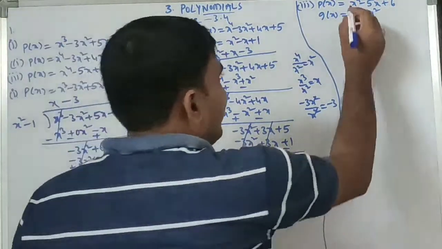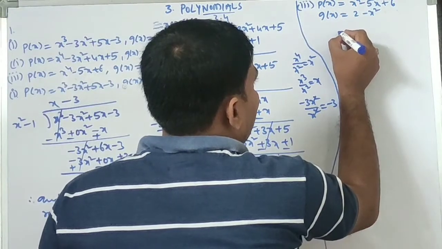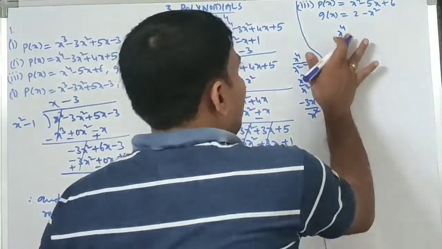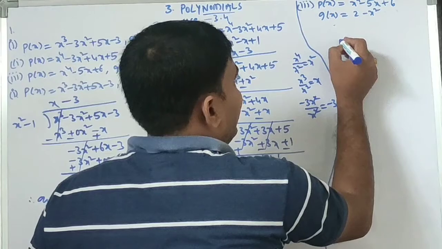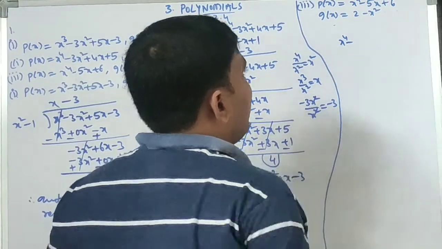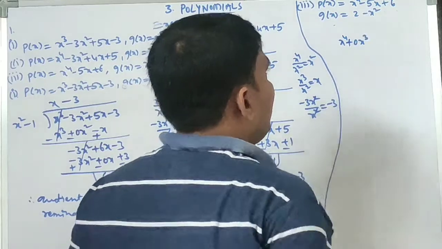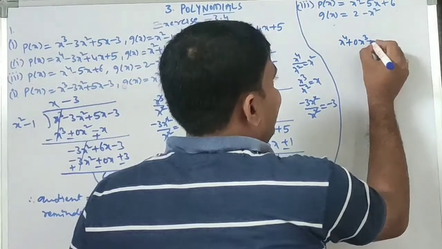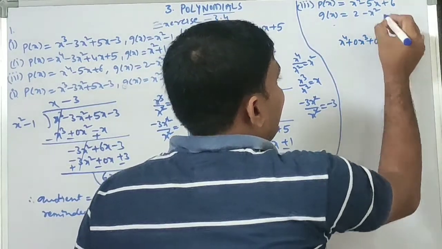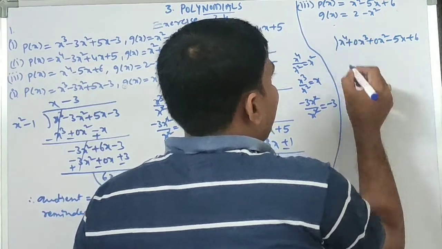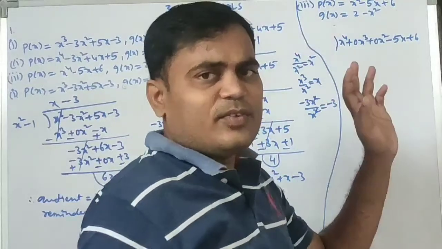So I want to divide this one, x power 4. Actually there is no x cube term, so I am writing x power 4, then 0x cube since there is no x cube. There is no x square, so I will write 0x square, then minus 5x plus 6. Divide with 2 minus x square.